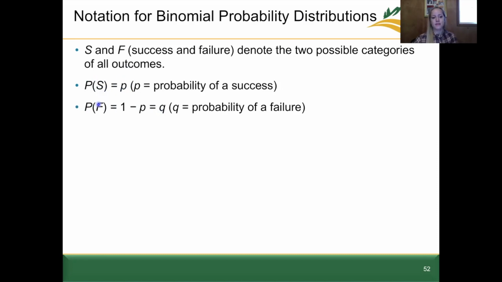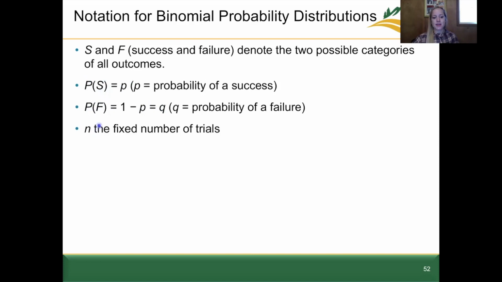The probability of failures is denoted by lowercase q. So p plus q has to equal 1, where p is the probability of a success and q is the probability of a failure. So instead of writing out capital P of S and capital P of F, we're now going to start writing lowercase p and lowercase q.